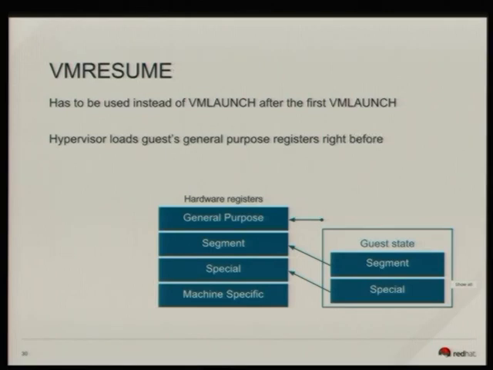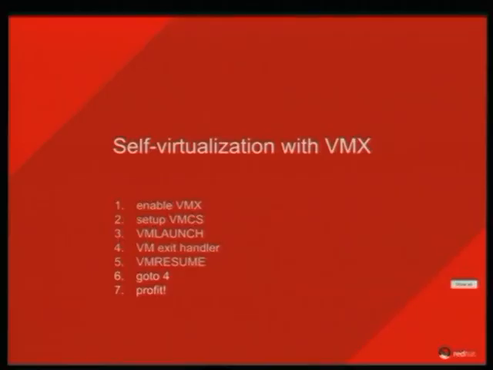We have saved it, and now on VM resume, we must restore it because the hypervisor clobbered it in between. And after this is done, we are sufficiently well featured to implement self-virtualization. So now it's going to just VM resume, and then after every VM exit, for some reason that we are going to handle, we'll VM resume again, and this will continue forever.